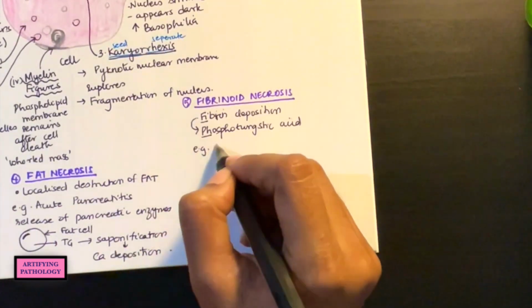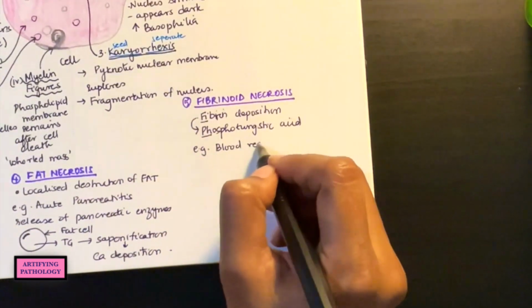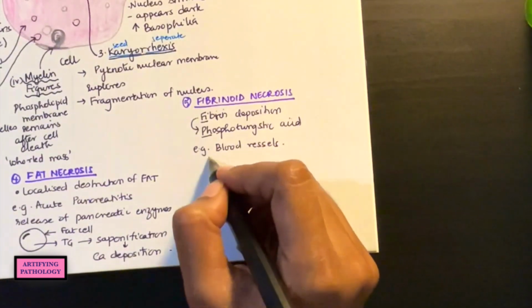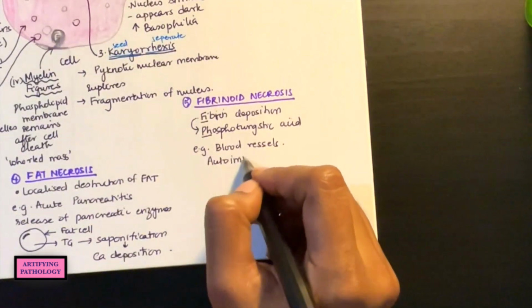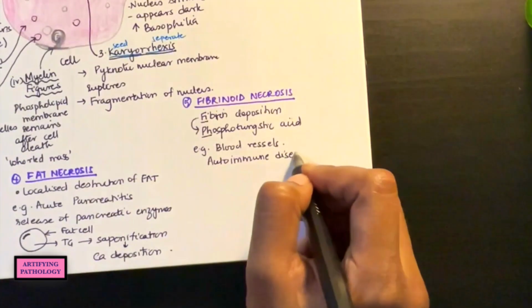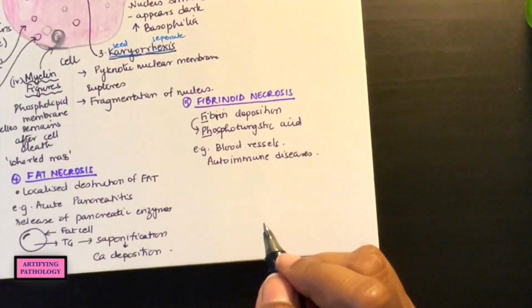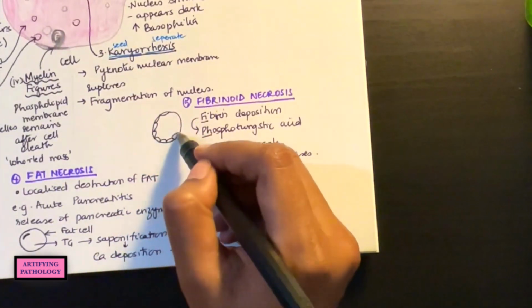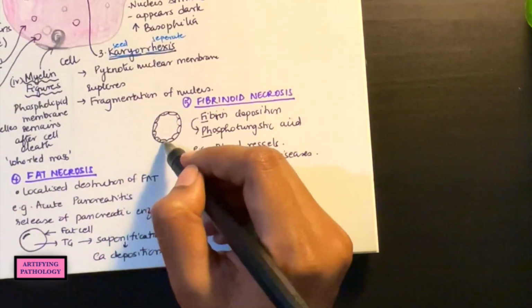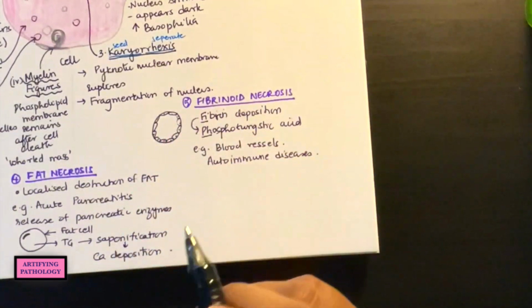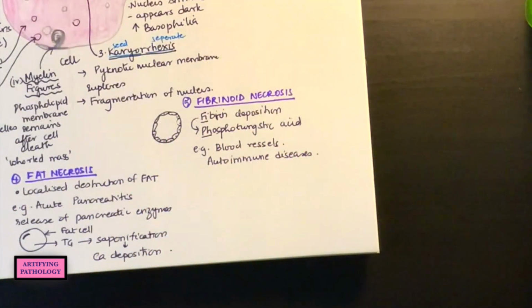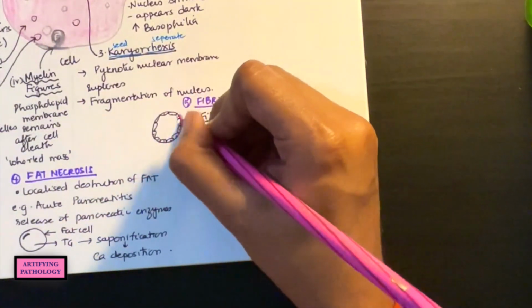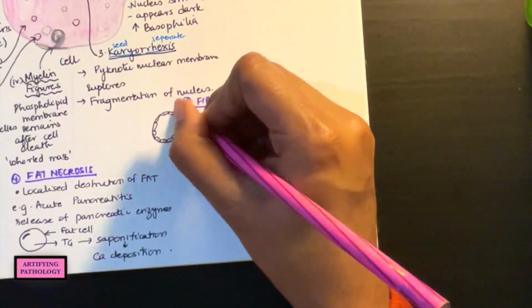The example of fibrinoid necrosis is seen in blood vessels in autoimmune disorders. So on H&E, how does fibrin appear? If we take a cross section of the blood vessel, this is the blood vessel with the endothelial cells, the fibrin appears as intensely eosinophilic, that is pink.